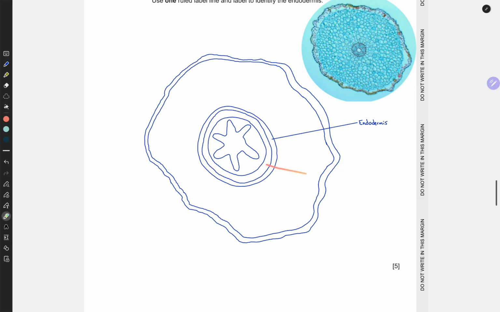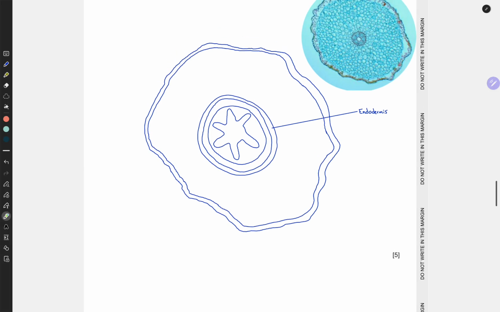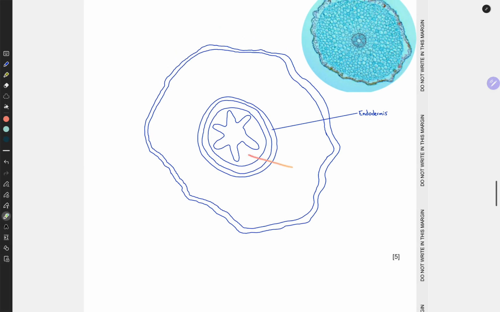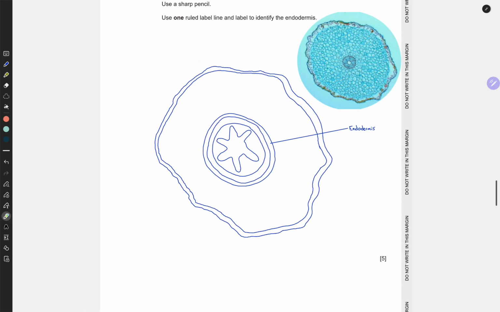The inner part is the pericycle. Then this part is the phloem, and the innermost part is the xylem. And of course, that's the endodermis.